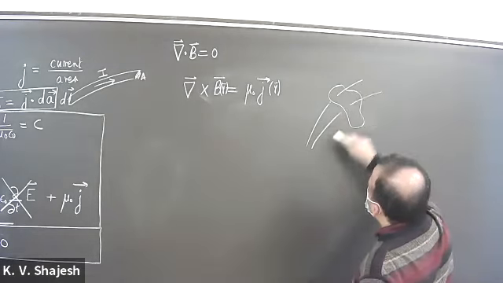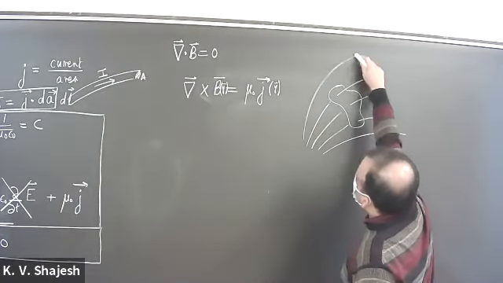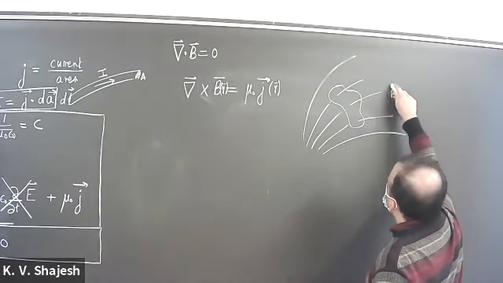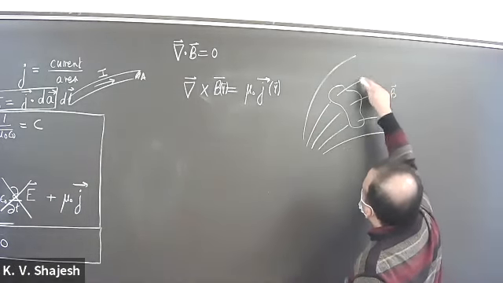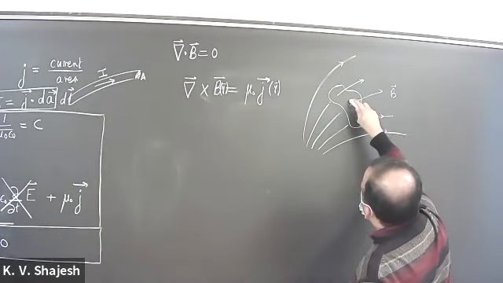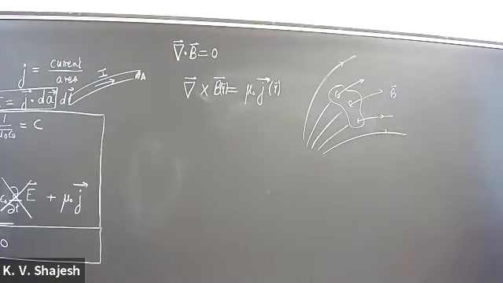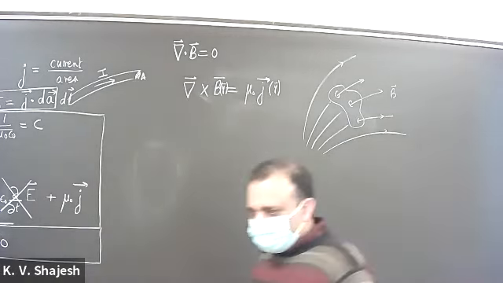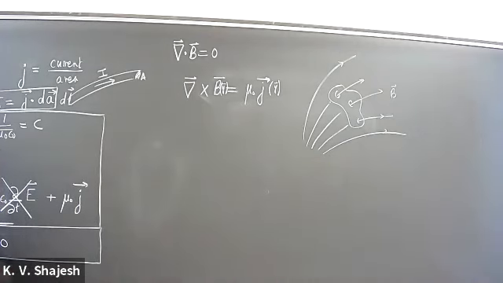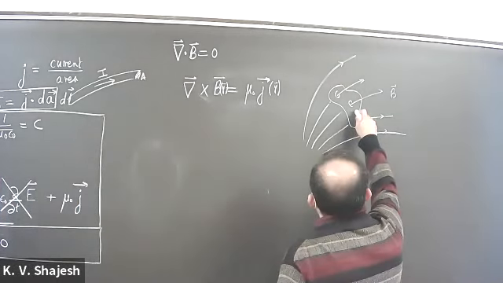Like this, that could be your magnetic field line. That's your surface, some imaginary surface. That's not a real surface. I want to emphasize that it's an imaginary surface. I'm just thinking of it like that, and that's your S.